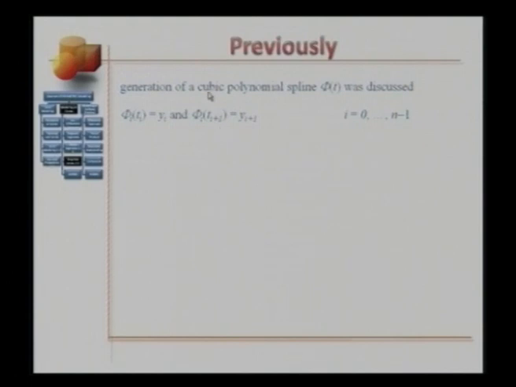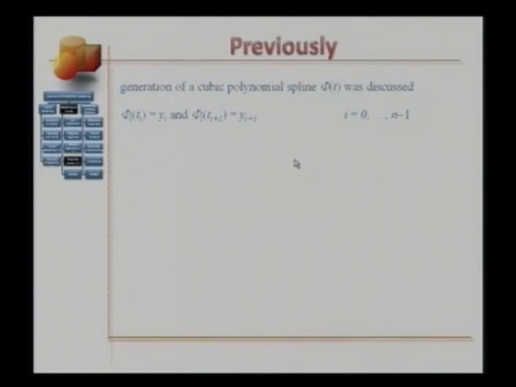And to construct cubic polynomial splines, we had the vertical heights of the splines at each knot. That means the pair ti and yi were available to us. The index i was going from 0 to n minus 1.